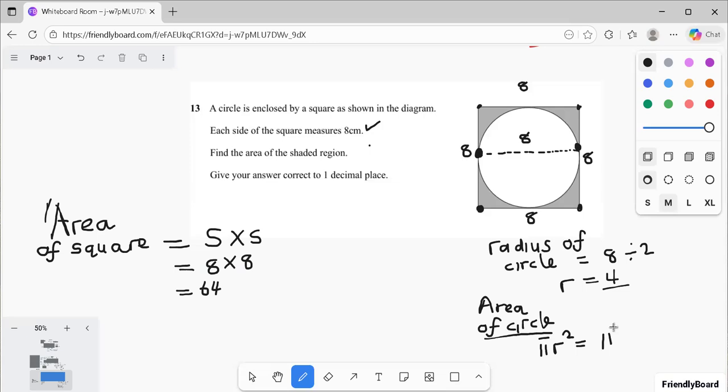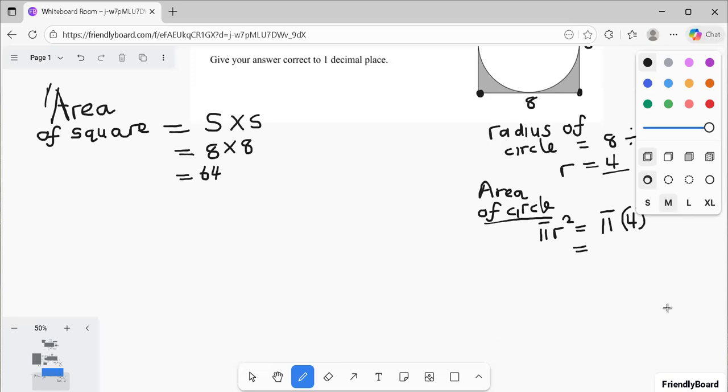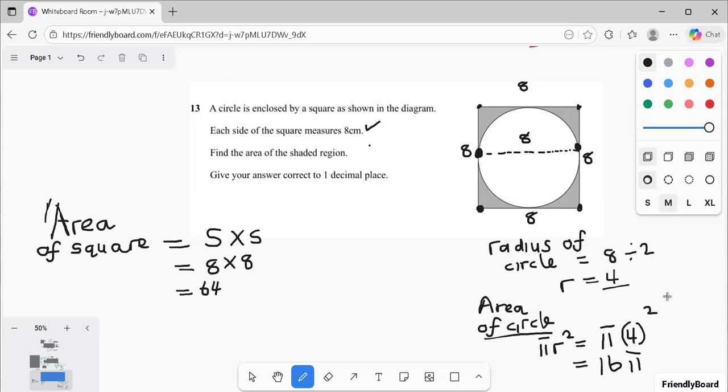So this is pi. What is my radius? My radius is 4, then squared. So what do I get? I get 16 pi there. Let me just leave my answer in terms of pi. So the area of the circle is 16 pi, as you can see there.